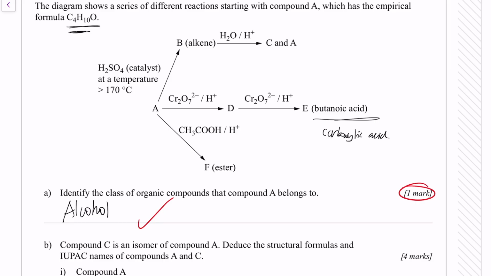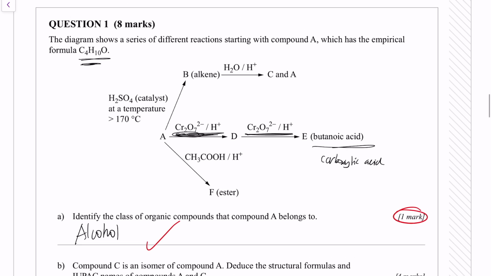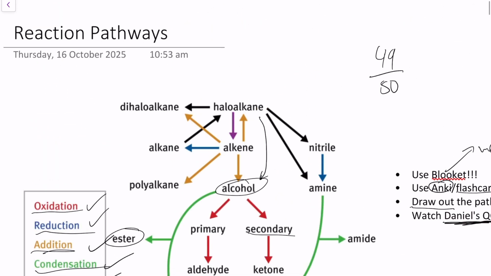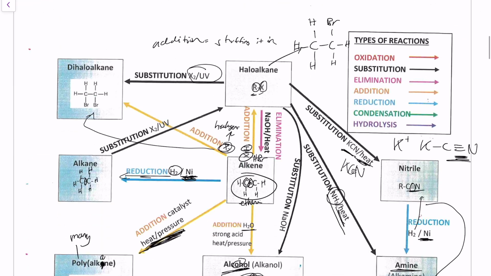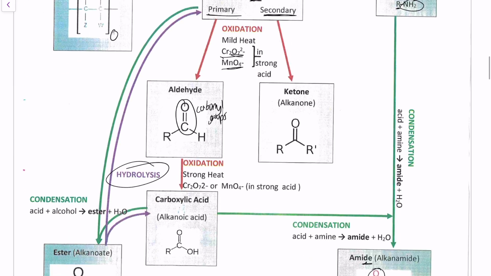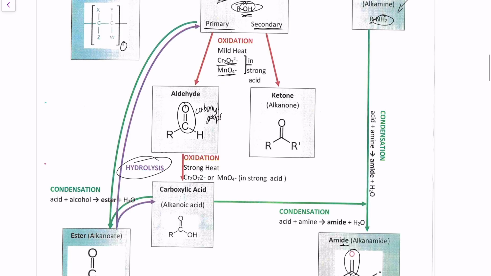If we have these reactants, dichromate and H plus, or strong acid, then think about when we looked at and learned about these pathways, what type of reactions would have those reagents? It would be oxidation, right?